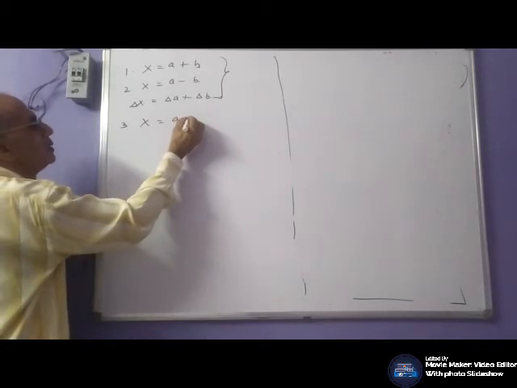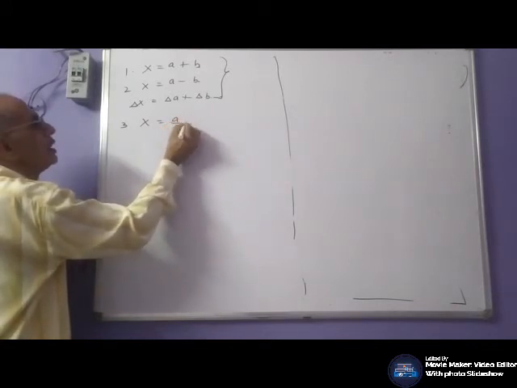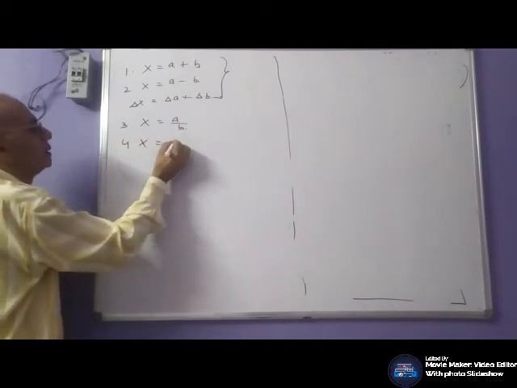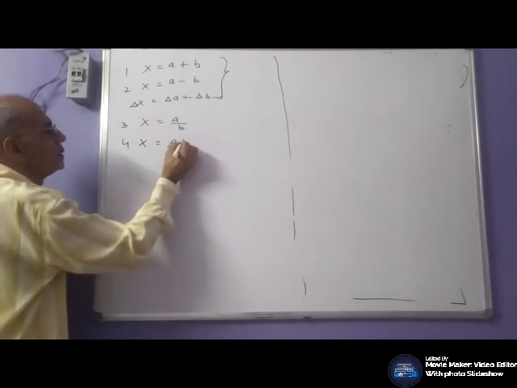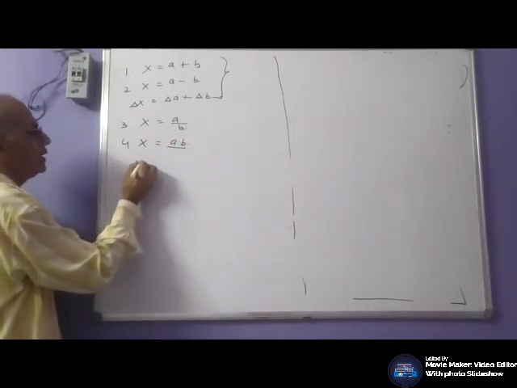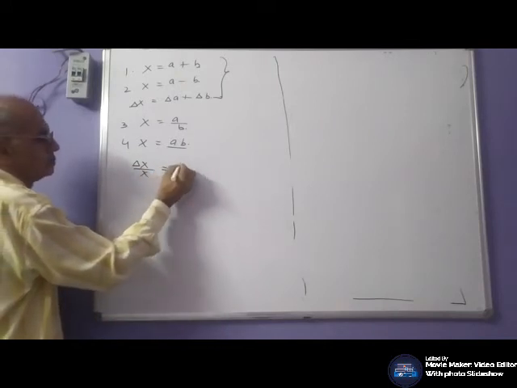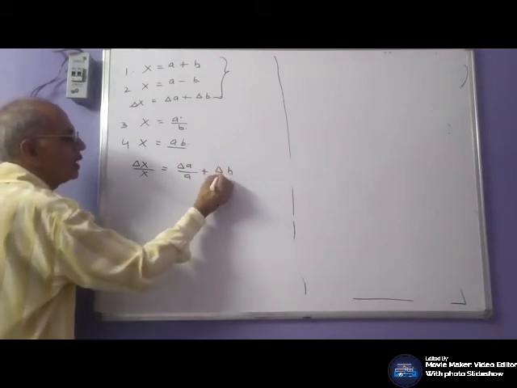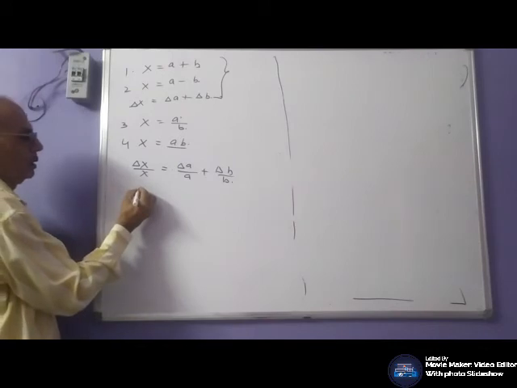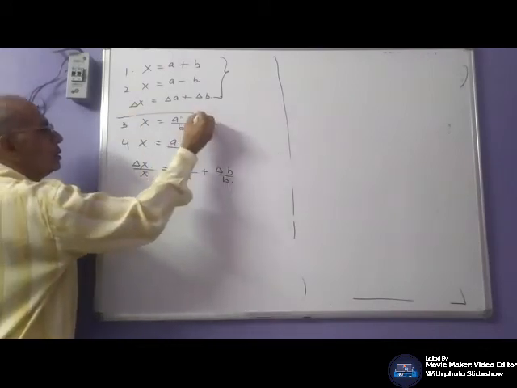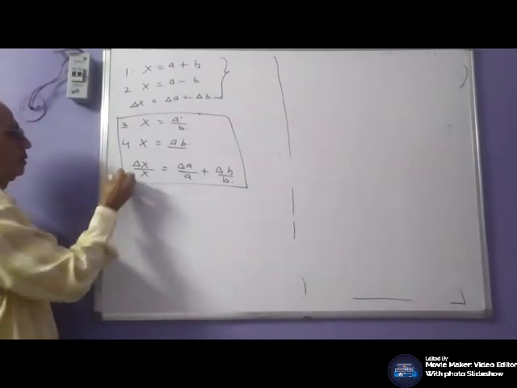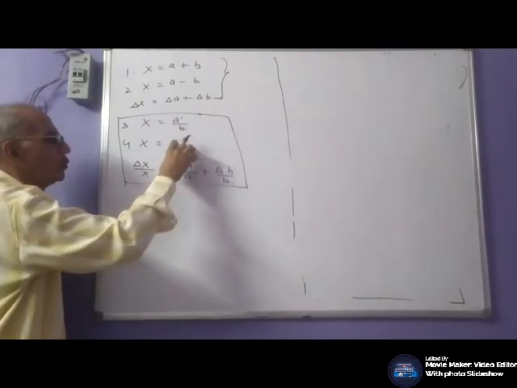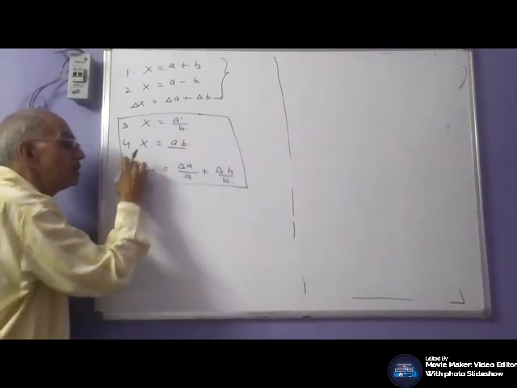X equals a by b, x equals a into b, delta x by x is delta a by a plus delta b by b. Whether it is division, whether it is multiplication, the relative error is same.